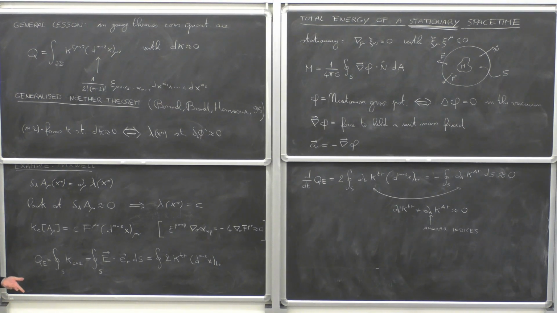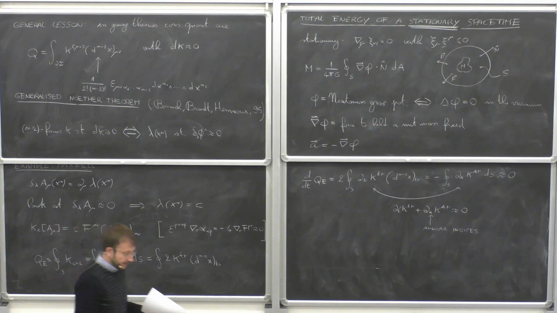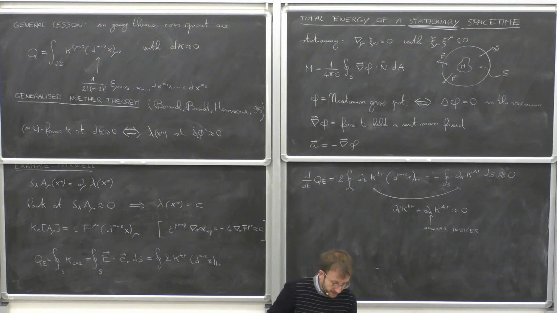I can use it to generalize what I've done for the Komar mass, but in the case of a static solution, the best I can do is just an abstract way of recovering something that I already built, the Komar mass, because I need to have this kind of solution. So the next step will be to try to go beyond this.